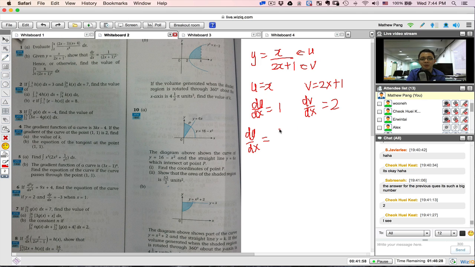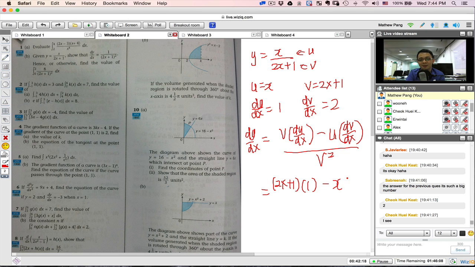So dy dx will equal to the quotient rule, right? So it will be v du dx minus u dv dx over v squared. This is just the formula for the quotient rule. So you just substitute whatever you have here. So v will be 2x plus 1 multiplied by 1, minus u will be x multiplied by 2, over v squared, which is 2x plus 1 squared.